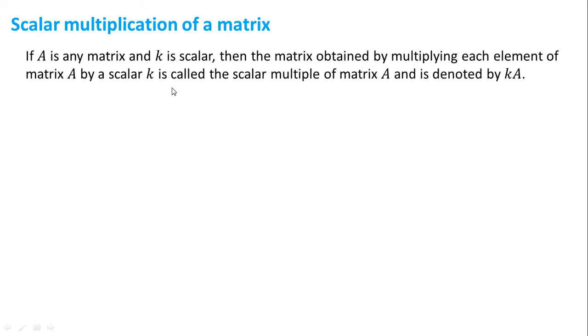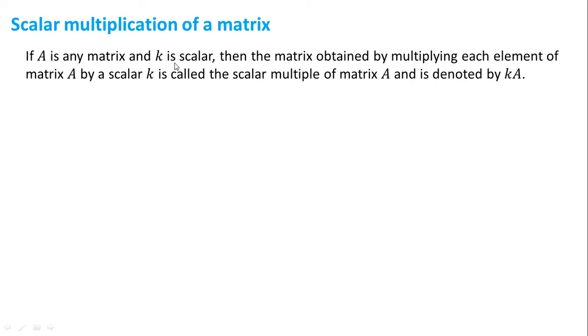If A is any matrix and K is a scalar, meaning a constant quantity, then the matrix obtained by multiplying each element of matrix A by the scalar K is called the scalar multiple of matrix A and is denoted by K into A.